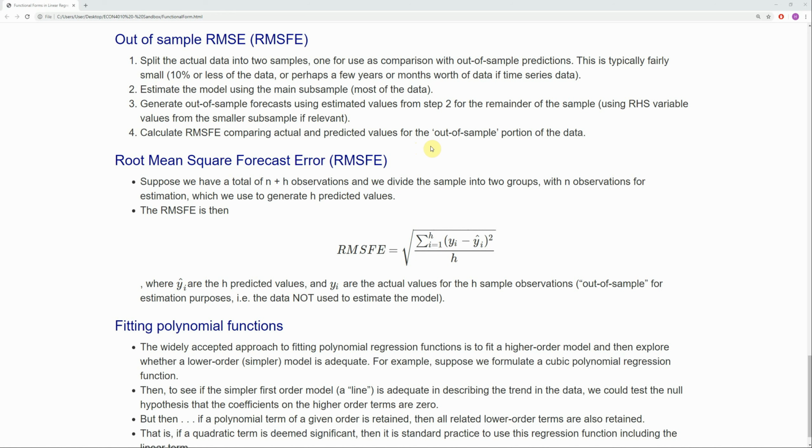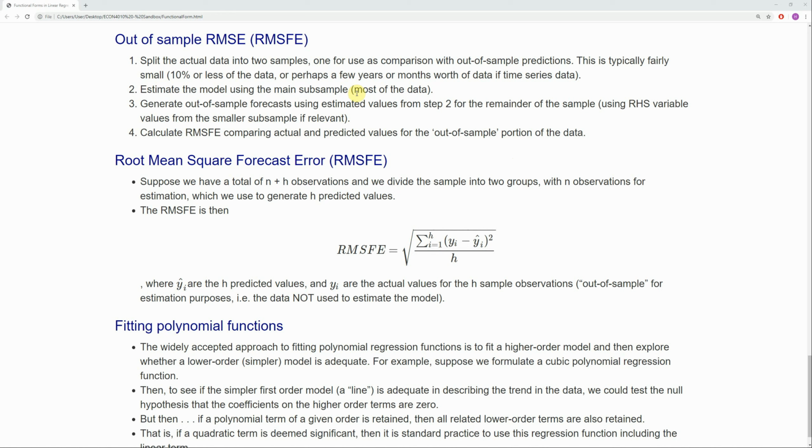If you have the square of those errors and sum them up and divide by the number of observations, you get the mean of the square of your forecast error, and if you get the root of that, you will get the root mean square forecast error.